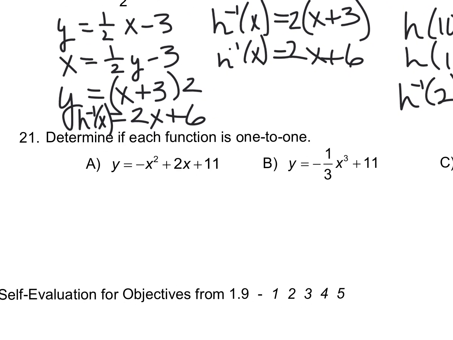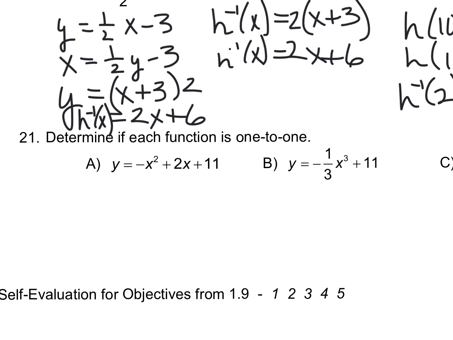So probably the easiest way to determine 1-to-1 is a horizontal line test, because if a function passes the horizontal line test, we're assuming it's passing the vertical line test. So ultimately what you're doing is determining if it passes the vertical and horizontal line test. And if it does, then the function is 1-to-1, because each input has exactly one output and each output has exactly one input.